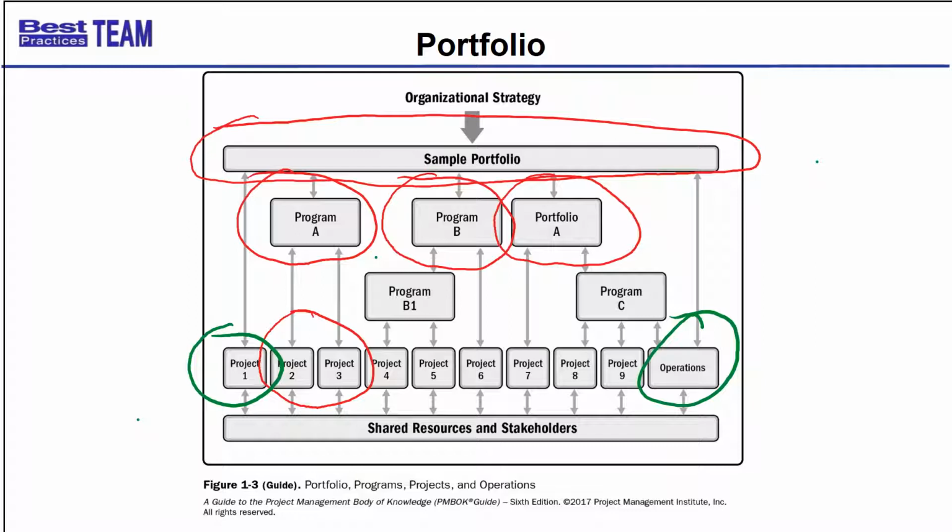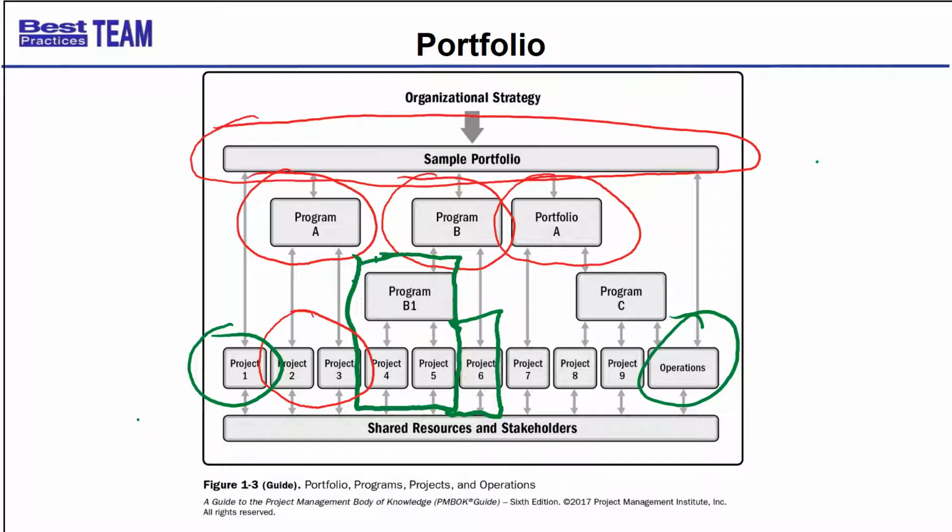Program B is more complex. Program B has another program underneath it, Program B1, and Program B1 has 2 related projects, Project 4 and Project 5, but Program B also has another project, Project 6, that's part of it, but not part of Program B1.